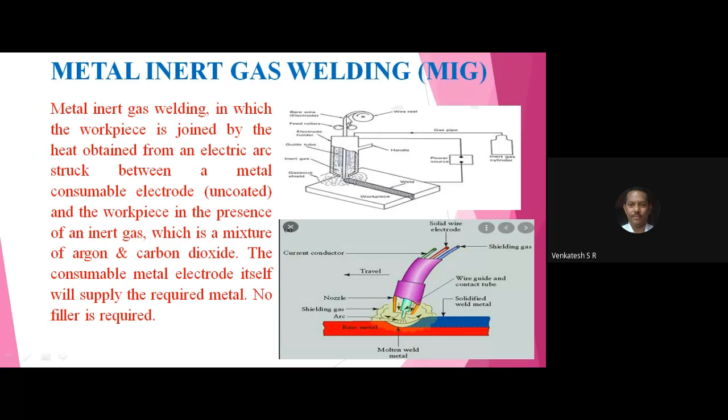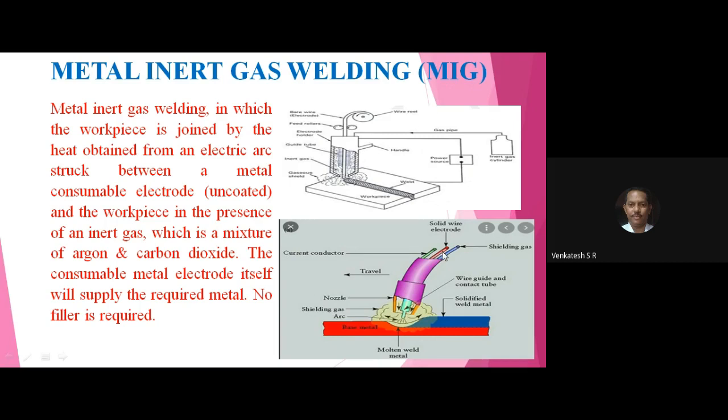Continuous supply of the electrode is required in metal inert gas welding. The coil contains the electrode and supplies the continuous electrode to the joint. Instead of using the single tungsten electrode, they use a coil of electrode, which is continuously supplied to the joint.